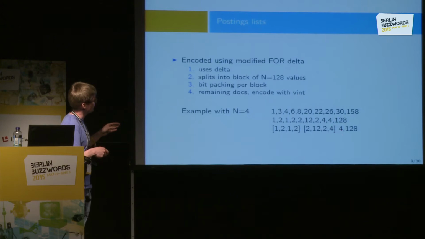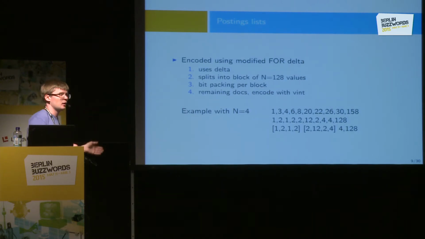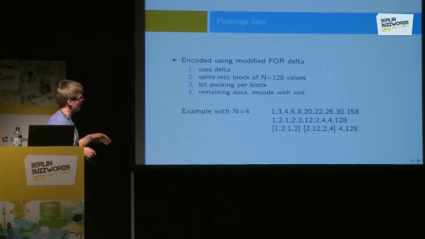And the last 2 values we store as variable int. If you want to know more about variable int and how the encoding works, you can hear about it tomorrow.